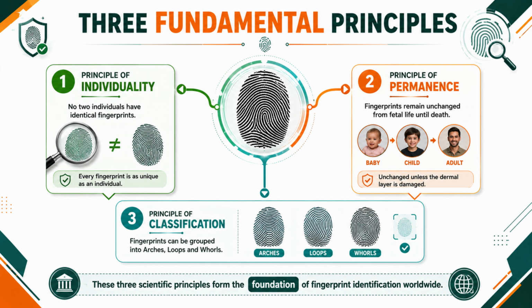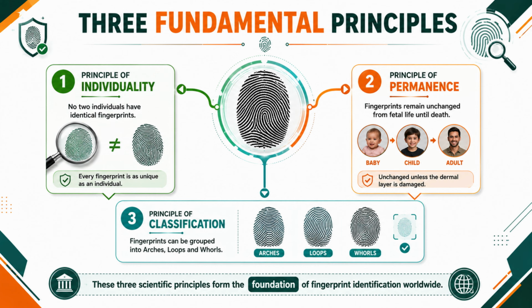These principles explain why fingerprints can be used to identify individuals accurately and reliably. Without these principles, fingerprint evidence would have no scientific foundation. Every fingerprint expert, every forensic laboratory, and every automated fingerprint system works according to these principles.